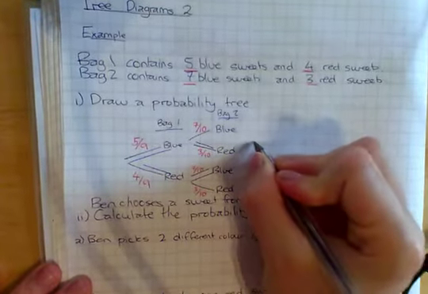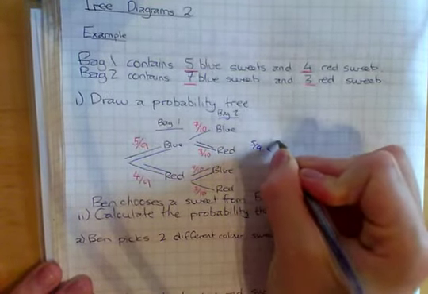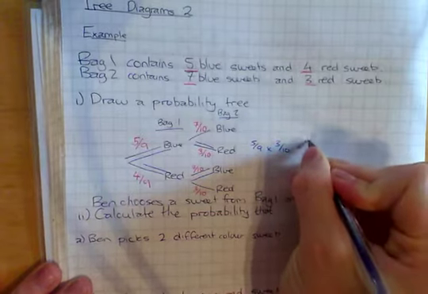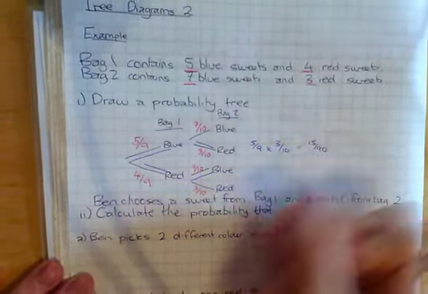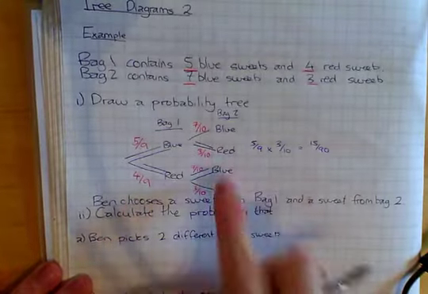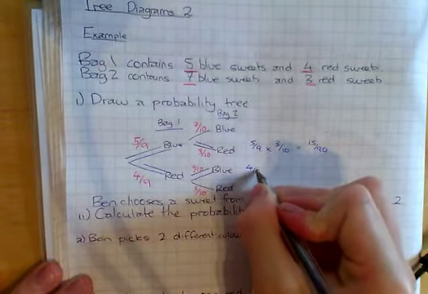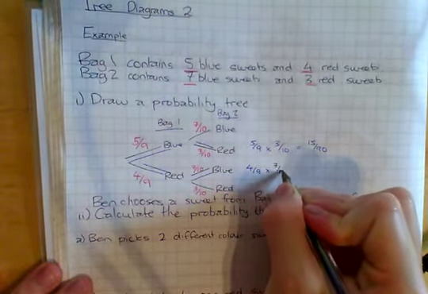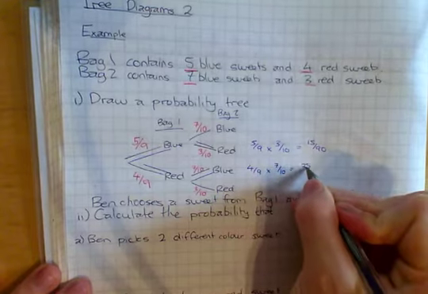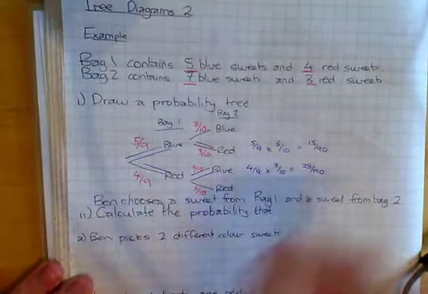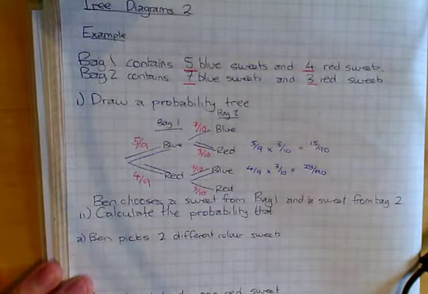So to pick a blue and then a red is 5 over 9 times 3 over 10, which is 15 over 90. To pick a red and then a blue is 4 over 9 times 7 over 10, which is equal to 28 over 90.